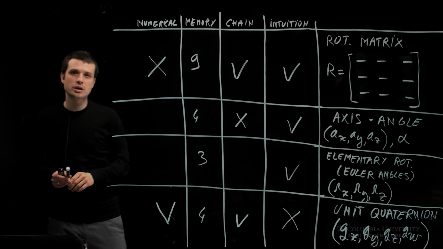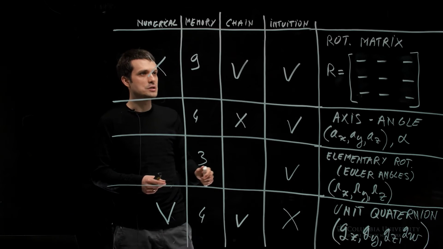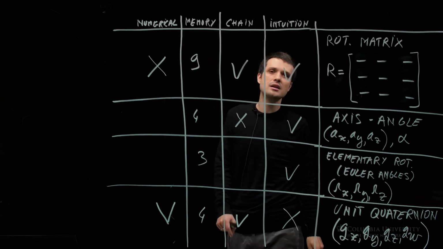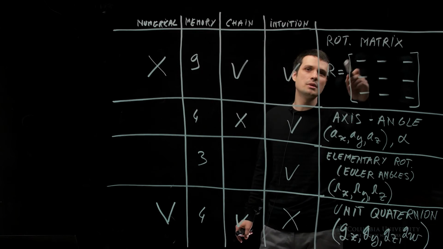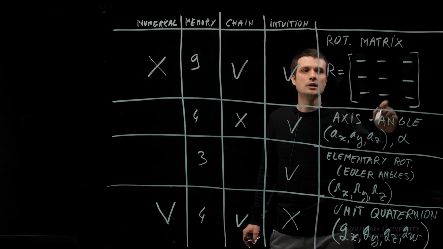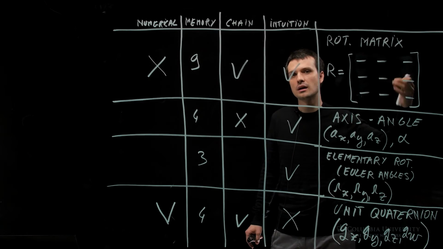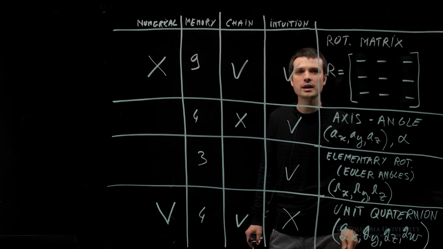Let's look a little bit more carefully at these representations. A rotation matrix has 9 numbers, but they are not independent because the rotation matrix is orthonormal. So once you specify a subset of these numbers, all the others can be derived automatically.